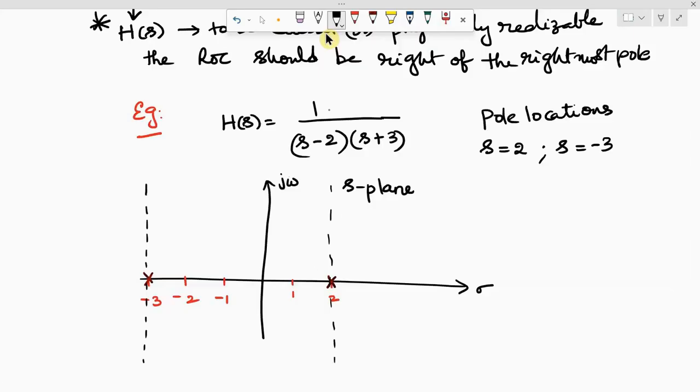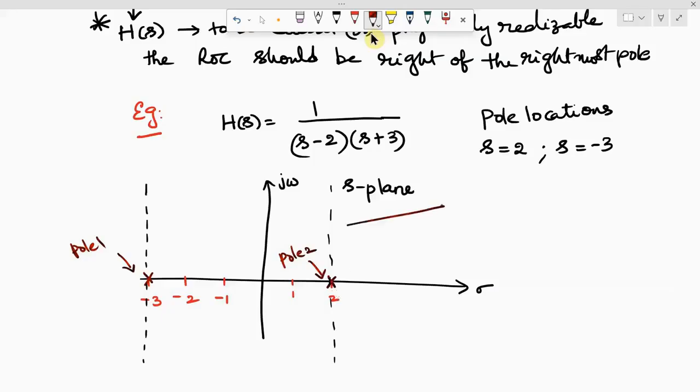Talking about the right of the rightmost pole case, what should be the causal ROC in this case? 2 to infinity, sir. Among these two poles, the rightmost pole is at s equal to 2.